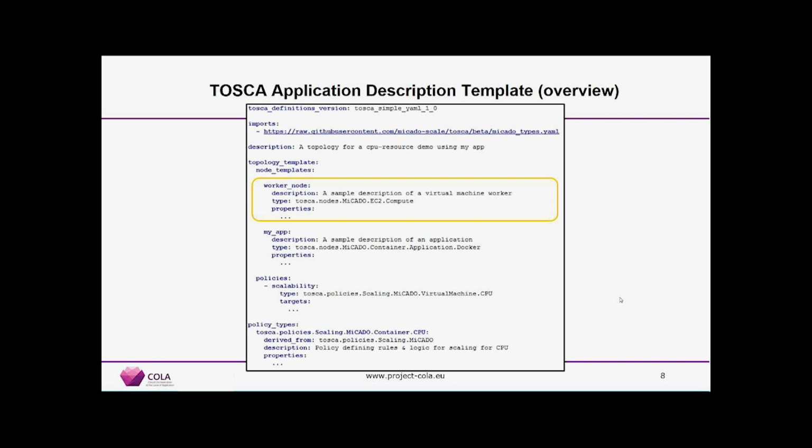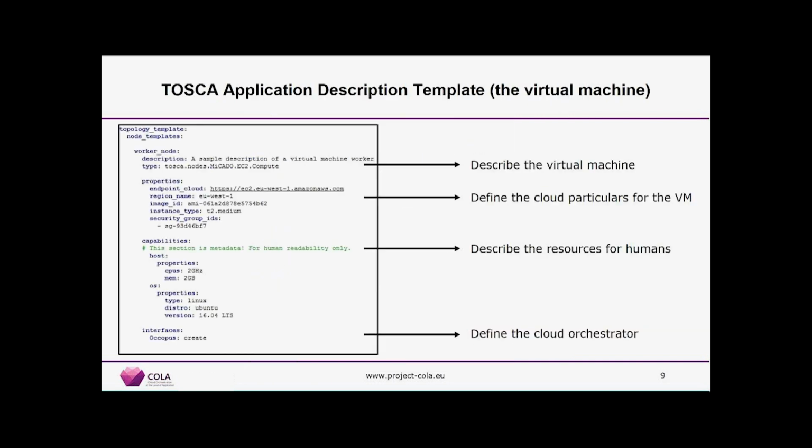So the first thing we'll talk about and take a deep look at is the worker node. Here, as you can see, the worker node is coming in right under node templates, so that's the section it falls into. It'll have the description and the type that we talked about earlier. We'll then need to define a bunch of properties for it.